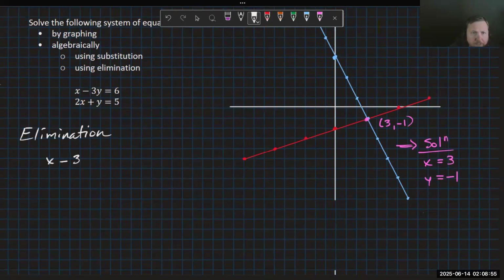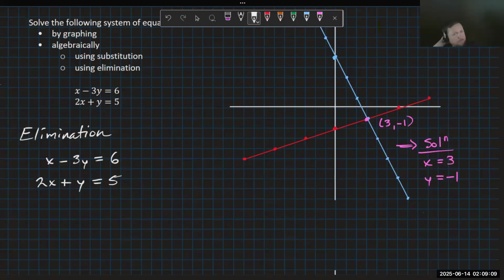So with elimination, we're using rules that go along with what you're allowed to do to an equation. The equations as I have them here, I can do the normal algebra things to them. So I can multiply through each side of the equation by a number, and we can also add equations together.